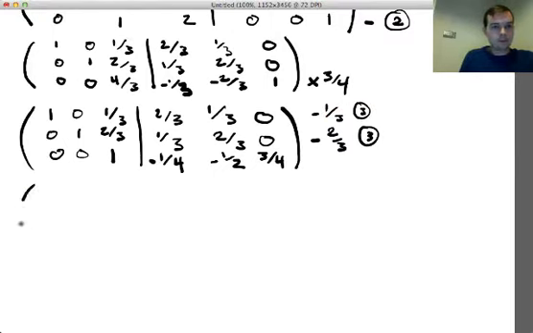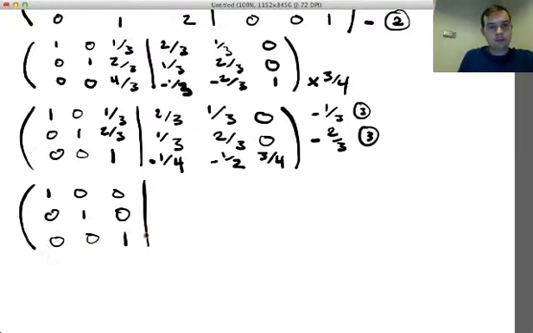And what do I get? Well, like I said, on the left hand side, I get the identity. On the right hand side, let's first compute this row. I have 2/3 minus 1/4 times minus 1/3. So that's plus 1/12. Now 2/3 becomes 8/12.